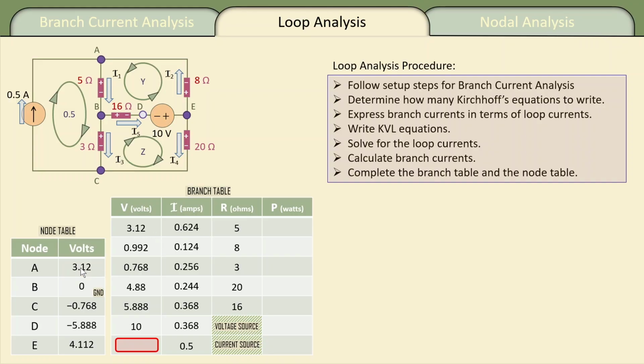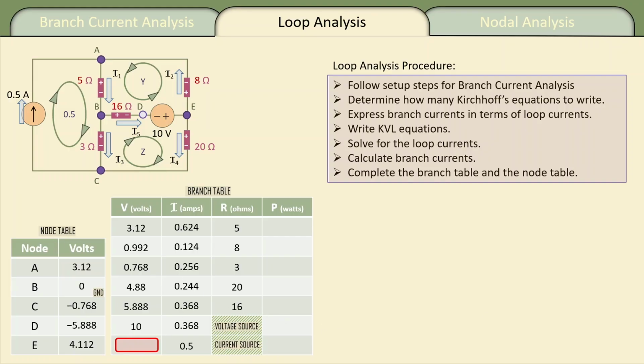So that's the node voltage at A. And you can convince yourself, for example, the node voltage at E, starting at ground B, we would have a decrease in the volts across the 16 ohms. So minus 5.888, and then plus the 10 as we go from D to E, and that would give us 4.112. So our node table is complete.